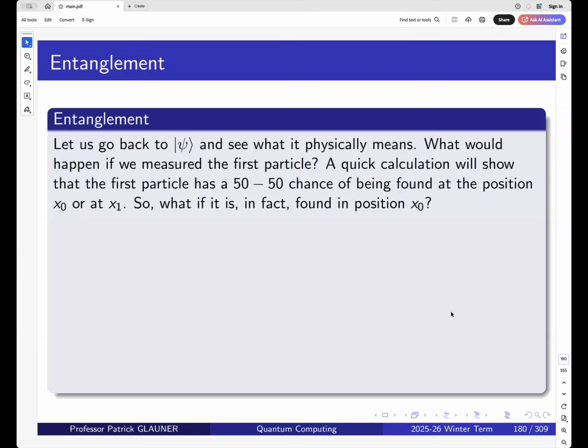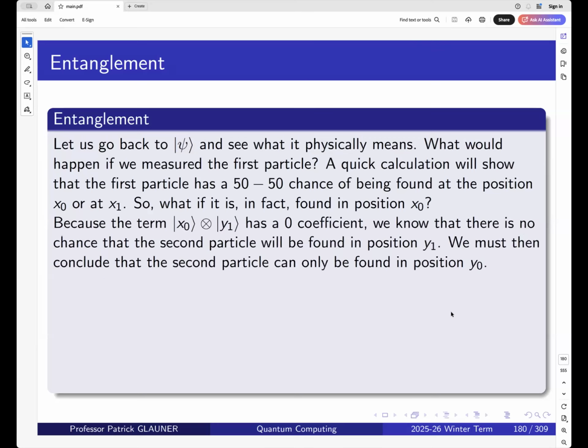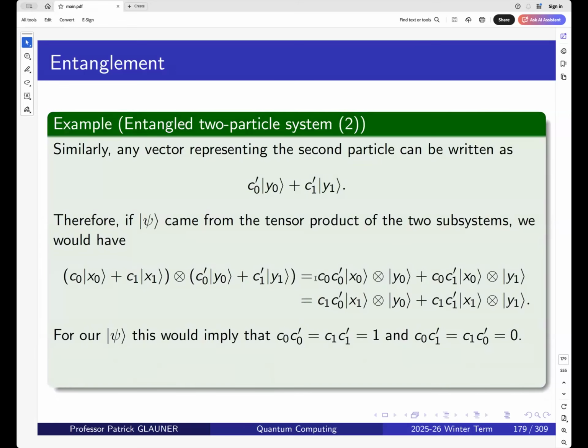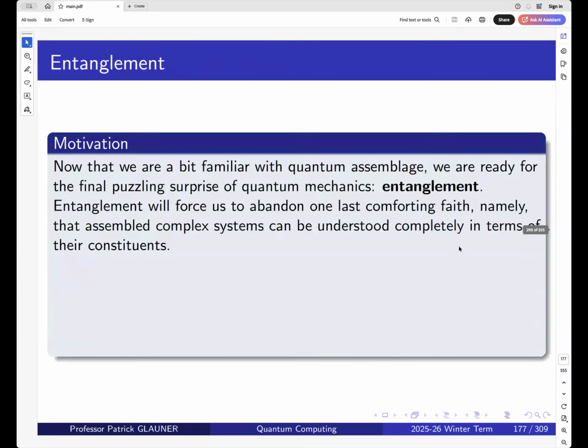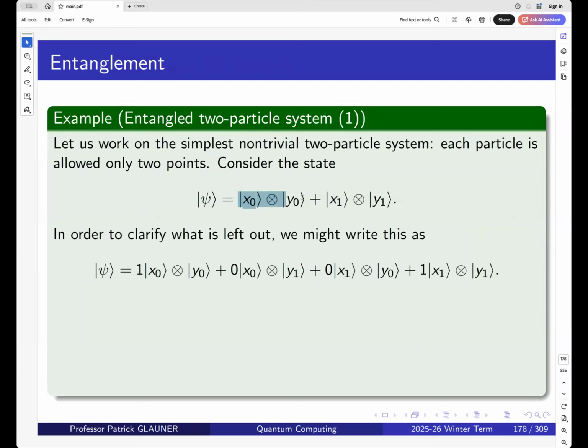So what would happen if I found it in position x0? Because we have this one component here of the x0 and y0. And if we find the first particle in x0 after measurement, then we know also where the second particle is, concretely in y0, because there is no component between x0 and y1.